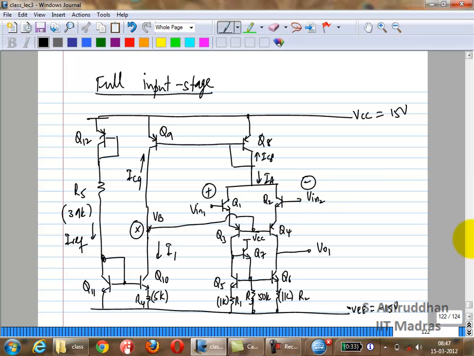Okay. You can write KCL at two places. One is here, the other is here. Okay. From those two, you will be able to find out. So in this case, if you do this, you will be able to find out the relation between IC9 and I1, which is 19 microamps. In the other case, you can do the same thing for IA.